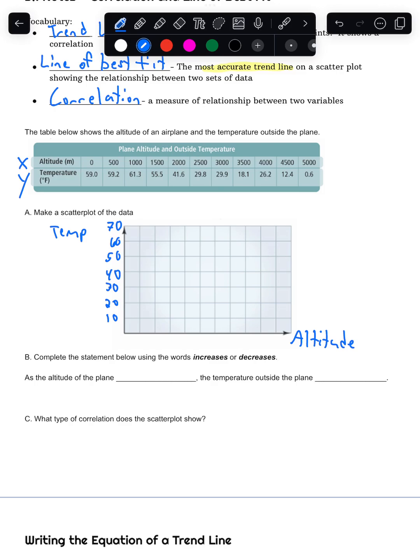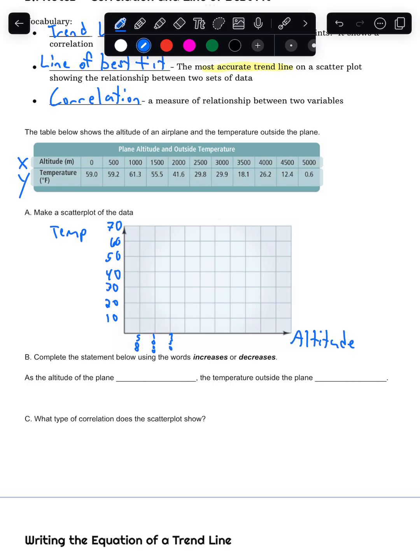Then if I need to go to 5,000 on the x's, I've got 11 lines. What if I go by 500s? If I need to get to 5,000, that would mean I need 10 of them, so I think that should work.